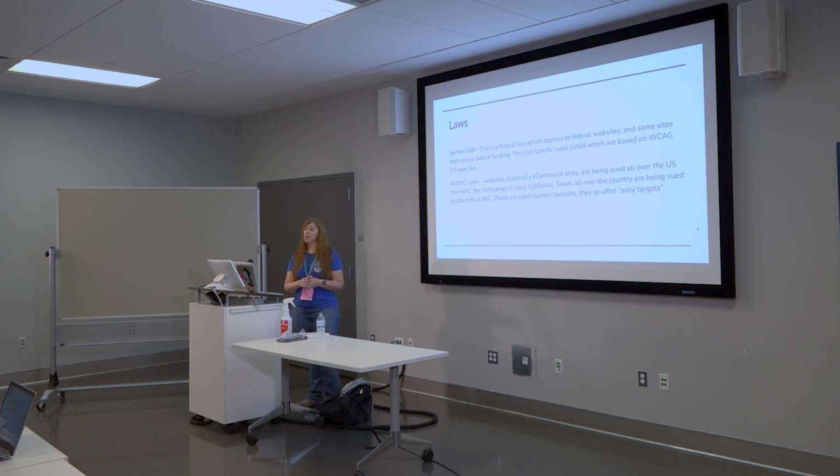However, there is something called Section 508. This is a federal law, and it applies to federal organizations, and it applies to federal websites. So if you go to whitehouse.gov, that's a federal website. Therefore, Section 508 applies to it, and Section 508 has what we're looking for, that specific checklist of things.